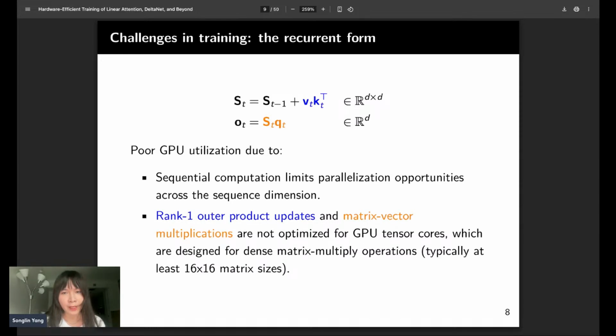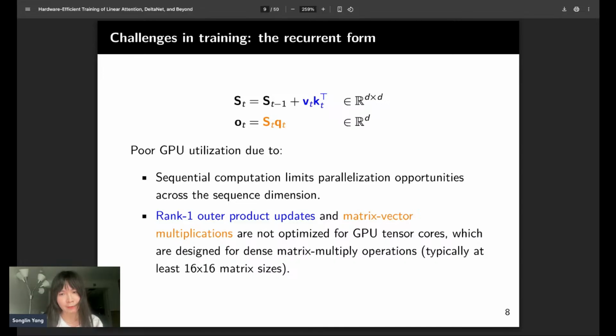The recurrent form is also problematic, for several reasons. The first reason is that in the recurrent form, we have to do a sequential recurrence, which limits the parallelism across the sequence length dimension. Secondly, for this recurrent state update, we only involve a rank 1 outer product update.